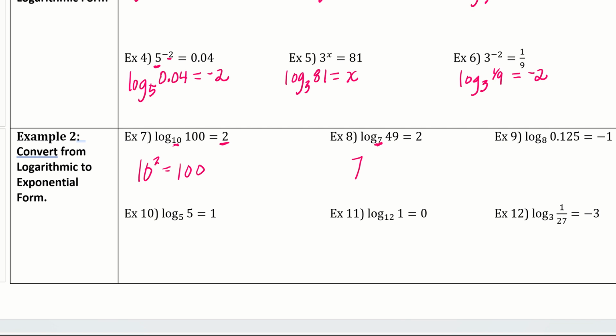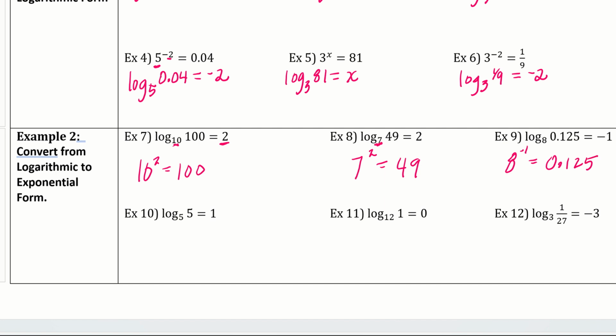So the base 7 raised to the 2nd power will give me 49. When we look at log base 8 of 0.125 equals -1, this is going to be 8 to the -1 power gives us 0.125.